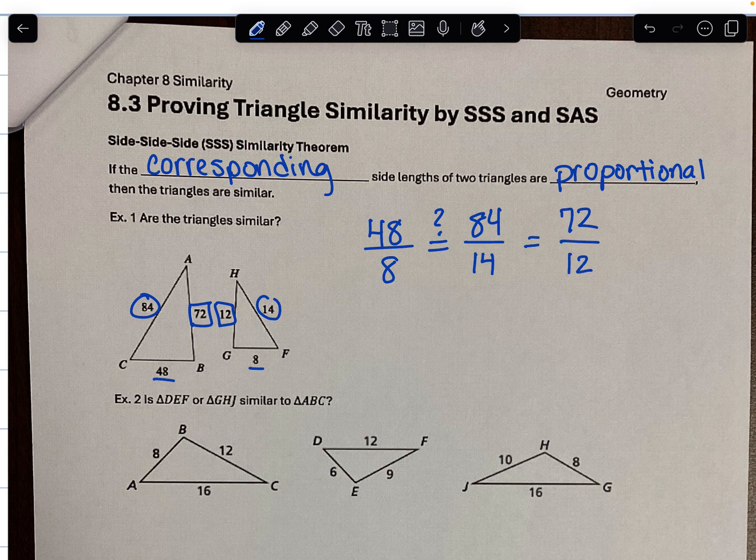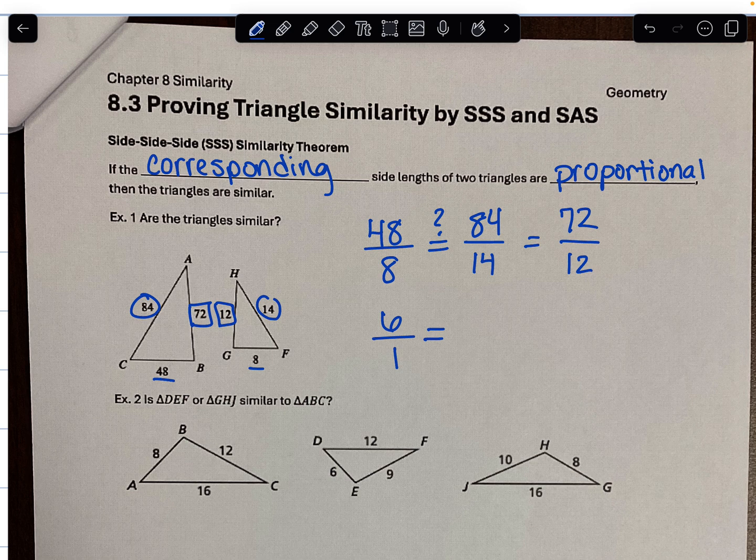Now, just as a reminder, your calculator will do this really quickly if we don't know what each is divisible by. But what are 8 and 48 both divisible by? 8. What's 48 divided by 8? 6 over 1.